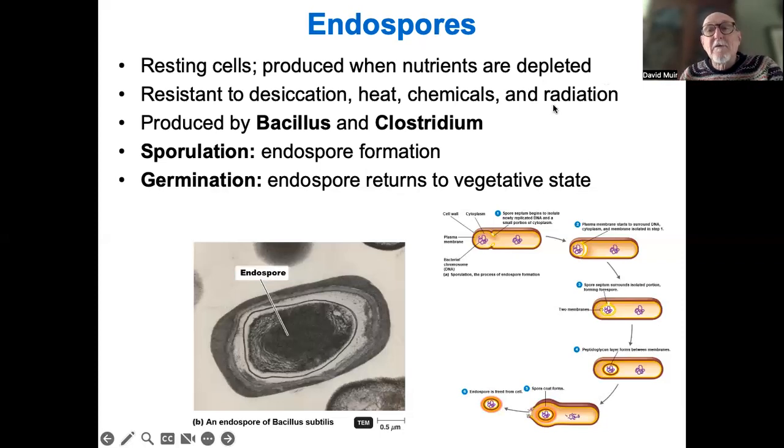Now, when I tell you that these spores are produced by these two genera, Bacillus and Clostridium, both of these groups have many pathogenic members who produce these spores, which are then liberated into the environment.